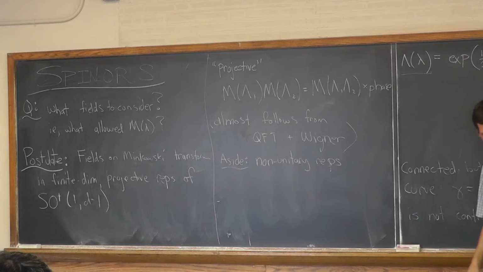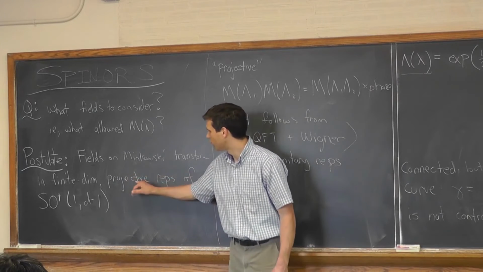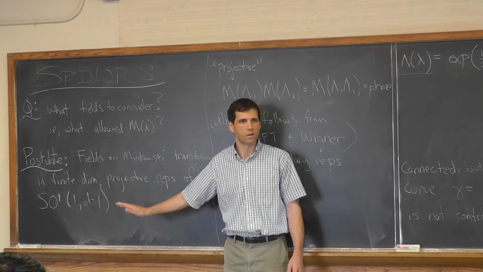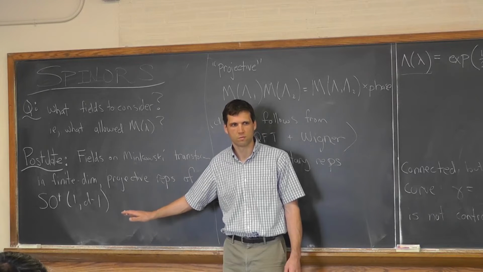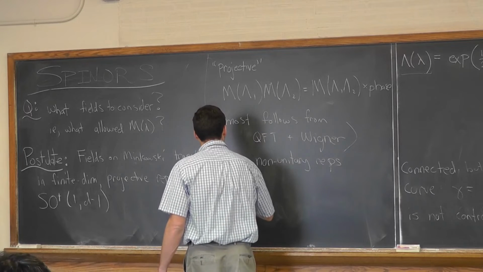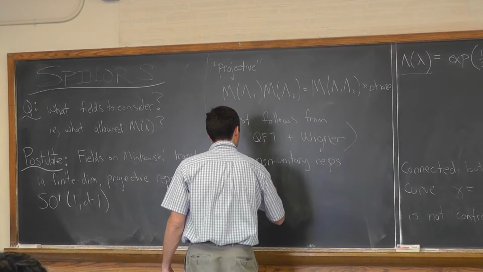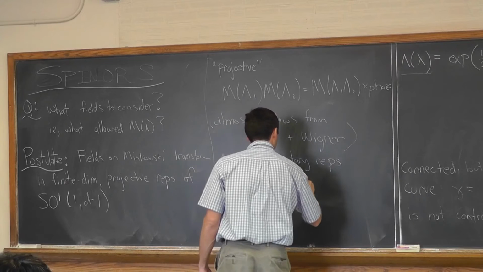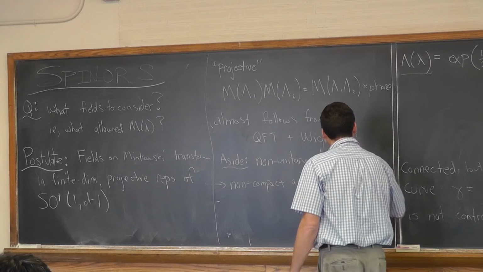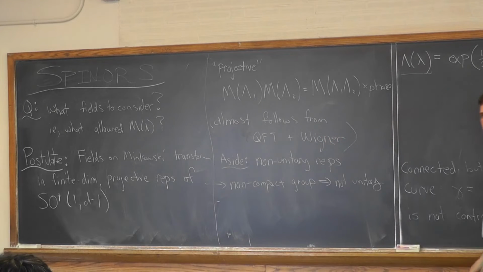Just an aside, I don't want to get bogged down in this, but it's a fact that finite dimensional representations of a non-compact group cannot be unitary. A non-compact group implies that finite dimensional reps, other than the trivial one, are non-unitary.